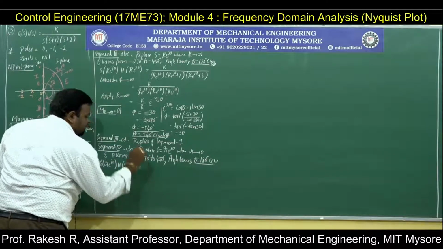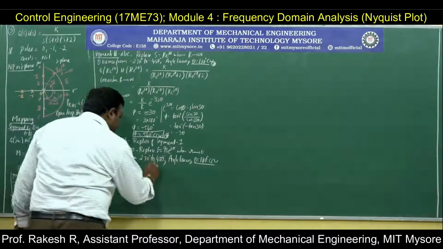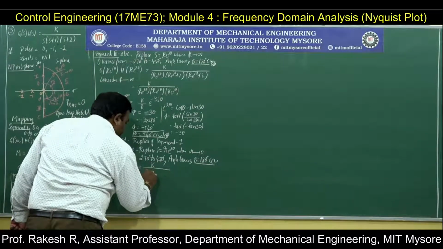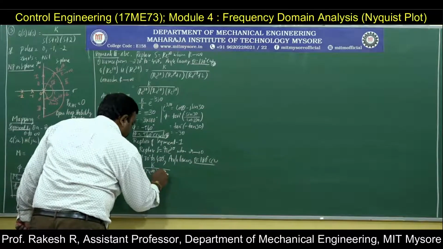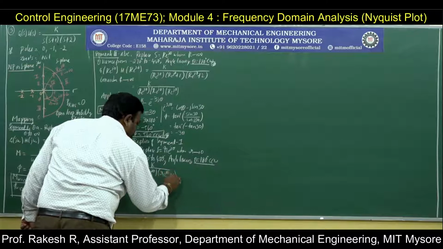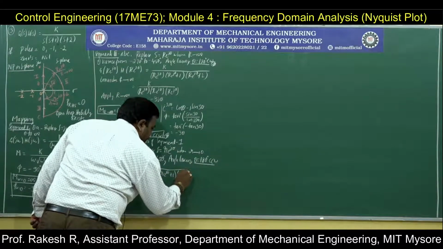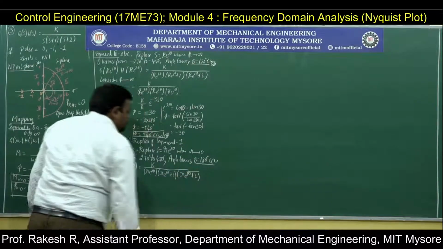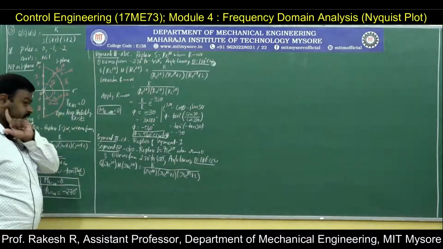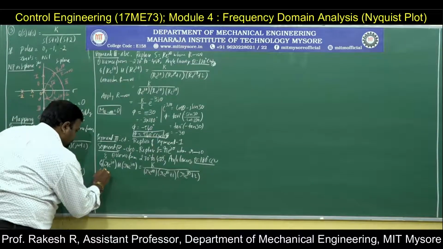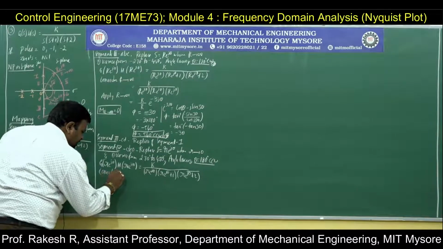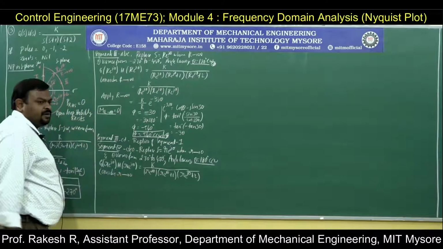Then G of r e to the power of j theta, H of r e to the power of j theta will be equal to k divided by r e to the power of j theta, r e to the power of j theta plus 1, r e to the power of j theta plus 2. So again consider r tends to 0, very important thing here. Always this step is important. r tends to 0.